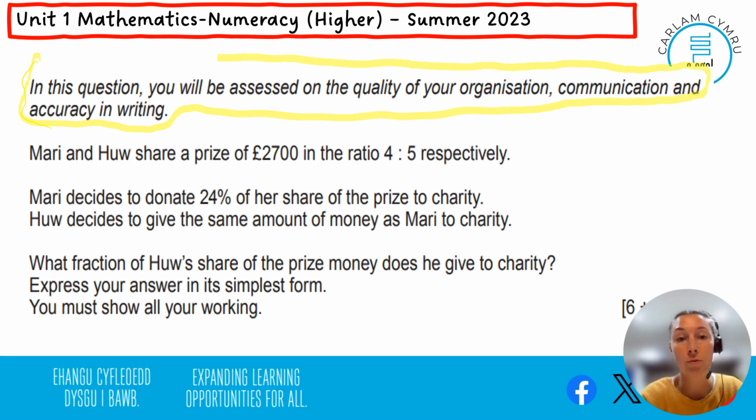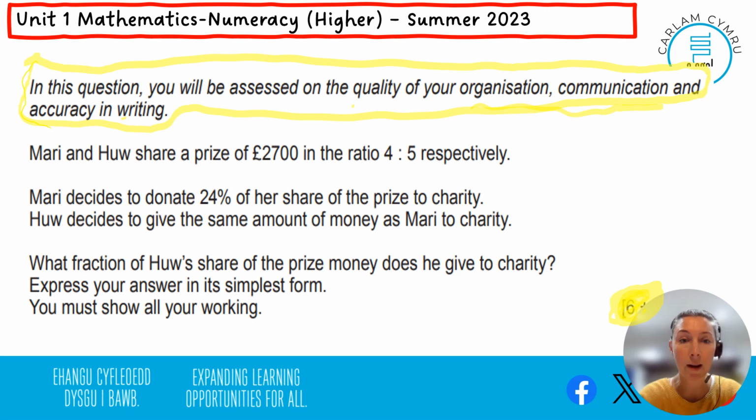If there's OCW marks present, which you can see, it says a 6 plus 2. And the sentence to start with is, in this question you will be assessed on your quality of organisation, communication, accuracy, writing. You then know there'll be extra OCW marks up for grabs.